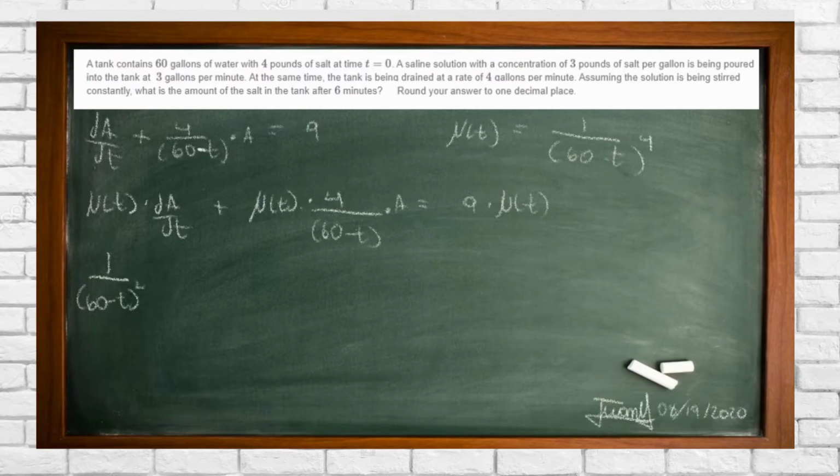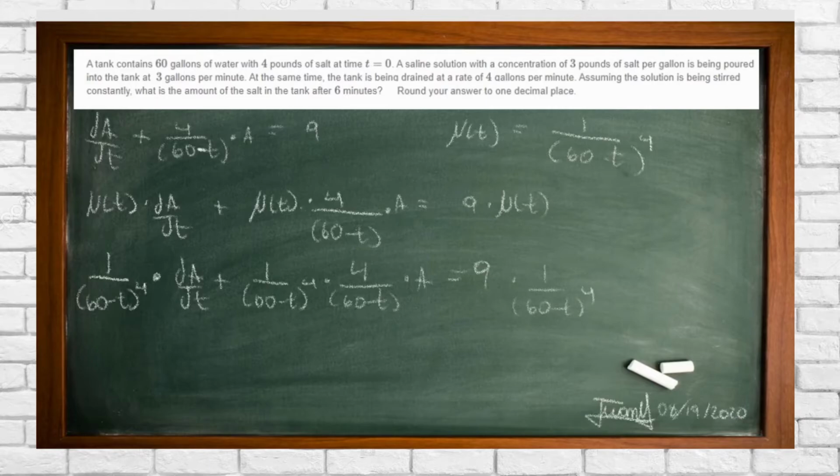I'm sorry, 1 over 60 minus t to the 4th power times dA/dt plus 1 over 60 minus t to the 4th power times 4 divided by 60 minus t times A, which is equal to 9 times 1 over 60 minus t to the 4th power.